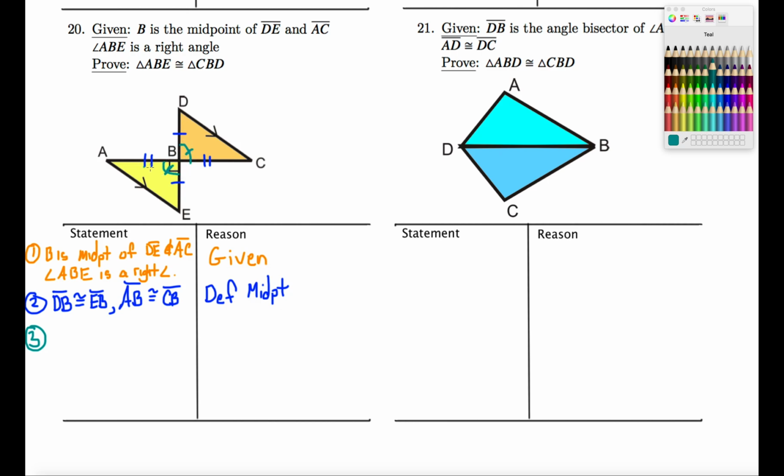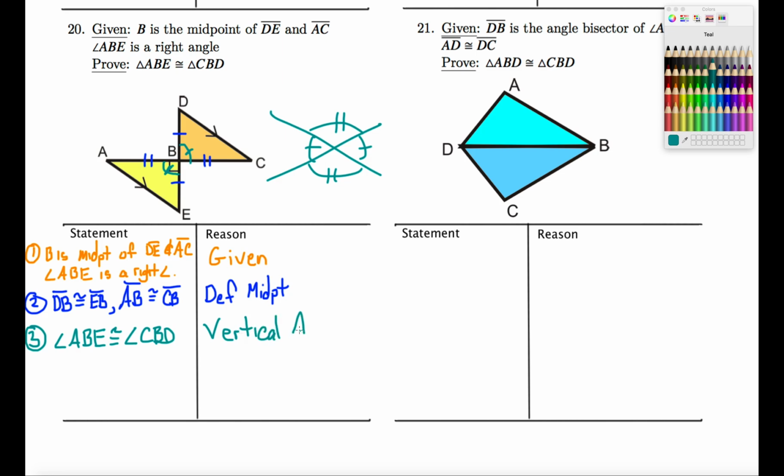We could say that angle ABE is congruent to angle CBD. And why is that? When we have two lines that cross, why are the non-adjacent angles here congruent? So, the vertical angles. Vertical angles are congruent.